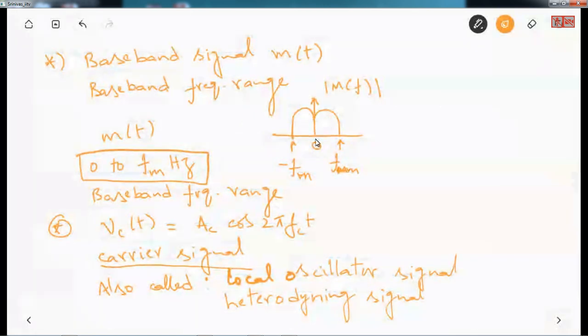Then if you have only the upper sideband, only the signal from 0 to FM, that's enough for you to determine the signal, right? Anyway, let me not confuse you. We'll discuss more in detail later. What I'm trying to say is only one of the sidebands is enough for us to get back the original signal. Forget about single sideband for now, but this is the double sideband suppressed carrier signal, right?